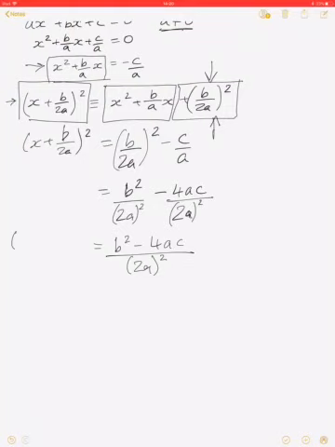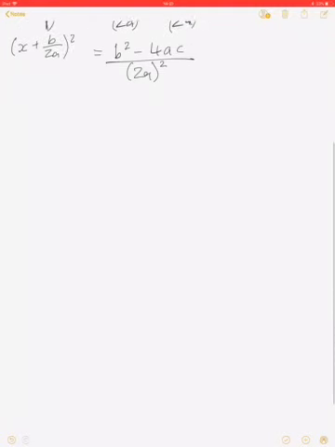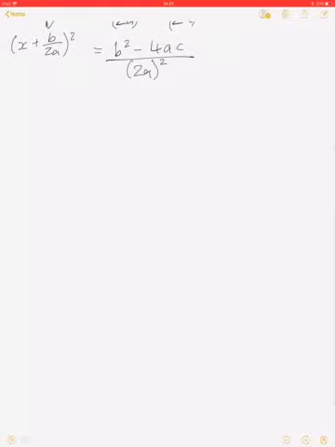So I'll just update the left-hand side, x plus b over 2a. I'm not changing anything, just bringing it down from above so you can see it all in the same place. x plus b over 2a squared is equal to b squared minus 4ac all over 2a squared.